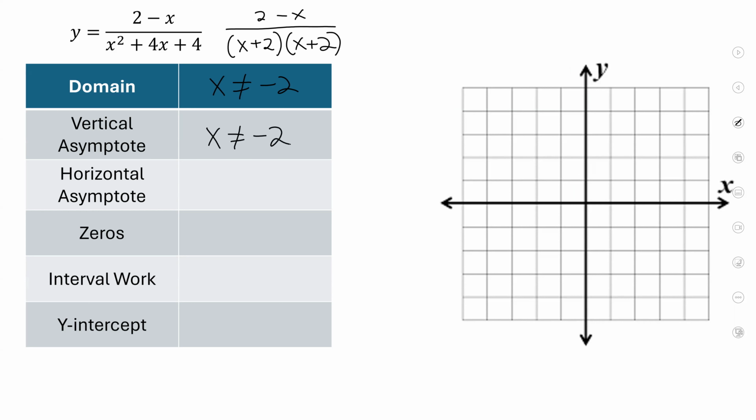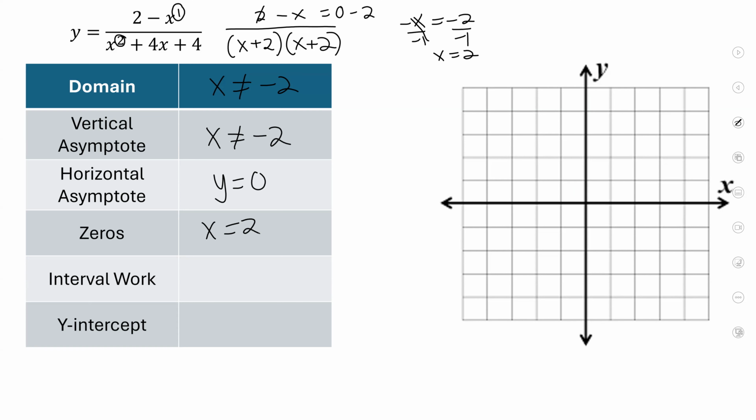Now, my degree in the denominator is larger than the degree in the numerator, so your horizontal asymptote is y equals 0. For zeros, you set the numerator equal to 0 and you solve. I'll move the 2 to the other side. I have negative x equals negative 2. Divide by negative 1, you get x is 2. So that is where your 0 is.